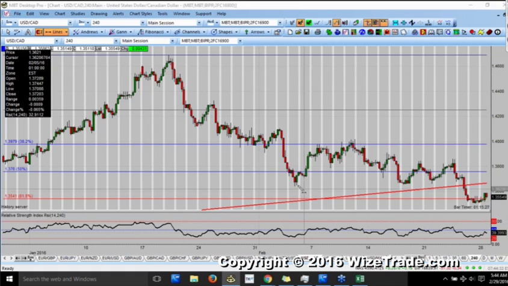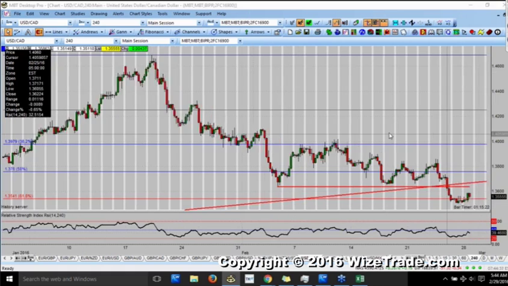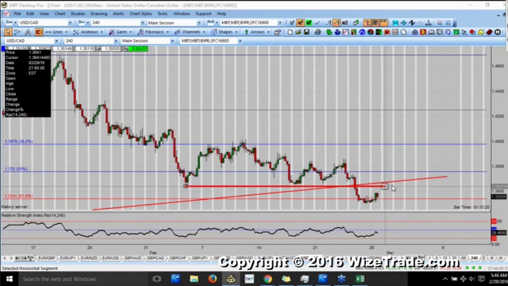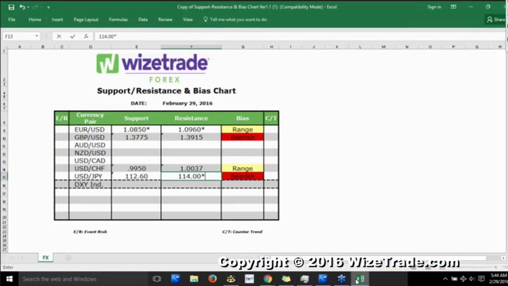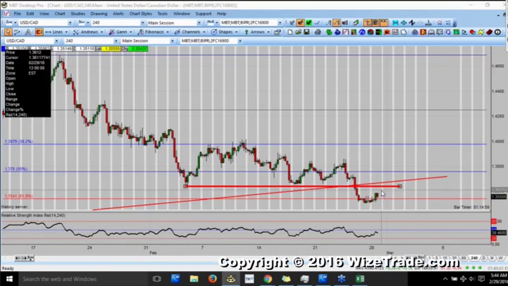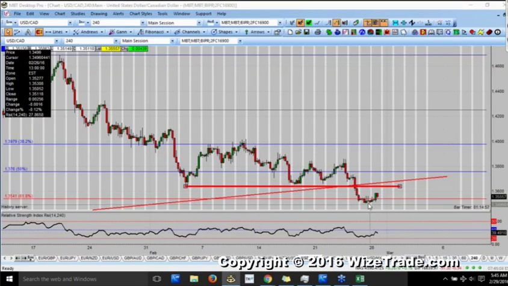Okay, this is very significant. Any rally back in the U.S. dollar Canadian, any rally back to 136.30 is going to be a short. And I do not have any Canadian exposure right now. All right, but if we rally back to 136.30, that I believe is going to be significant resistance, and that's going to be a good short opportunity.